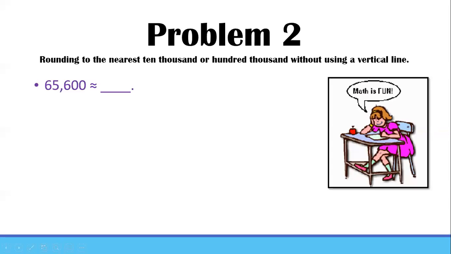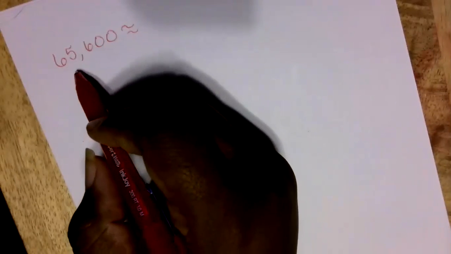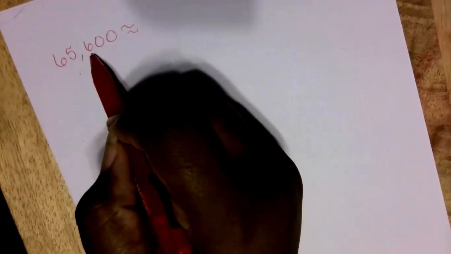So when I look at this number, I see that I don't have 100,000s place. So I have to be rounding this to the nearest 10,000. Because I have 1, 10, hundreds, thousands, 10,000. I don't have 100,000 place. So we're going to round to the nearest 10,000s.